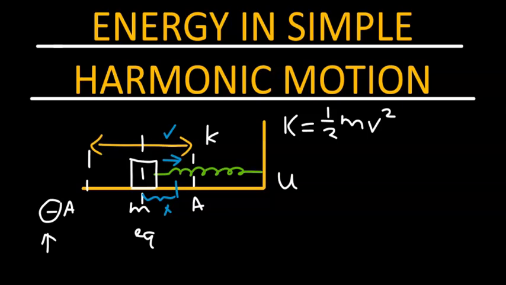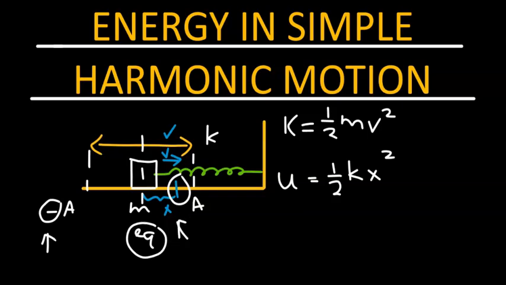So let's say the speed there is v, so that is the v that shows up in this equation. Likewise, its elastic potential energy is given by half times the spring constant k times the square of the displacement, namely the distance between the equilibrium location and the present location of the block, because in this case that distance gives the amount of stretch for the spring.